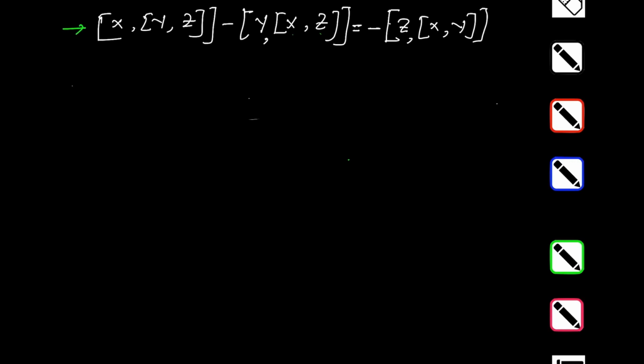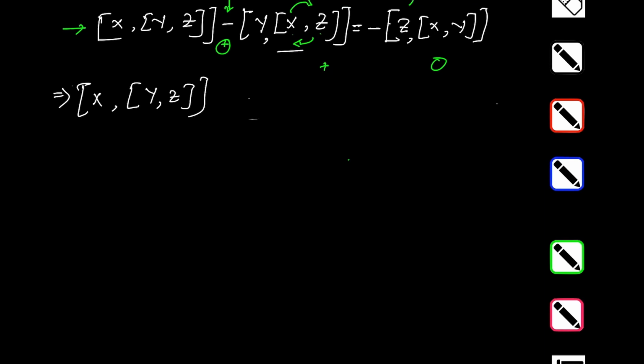So finally we have got this result, and if you interchange the order of these two functions, then this sign will be positive, and if you bring this one to this side, the sign will be positive, and on the other side we will get 0. That's how we get Jacobi's identity. Let me show you. Poisson brackets of x and that of y and z, then interchanging x and z here we get positive Poisson brackets of y and that of z and x.